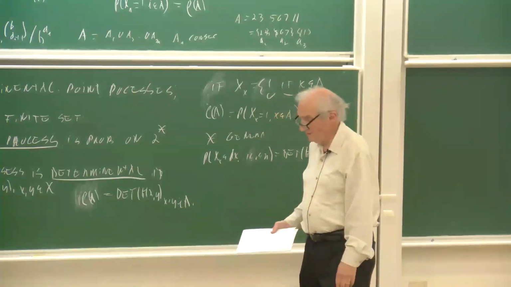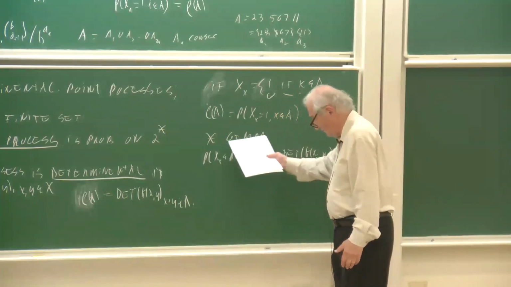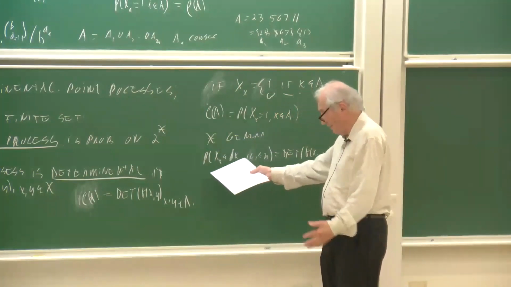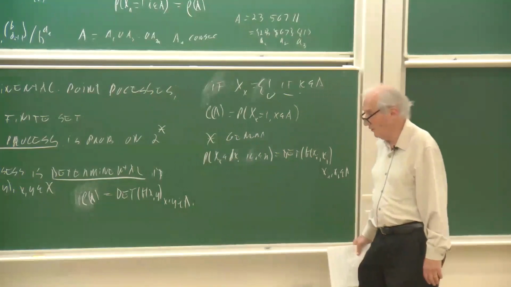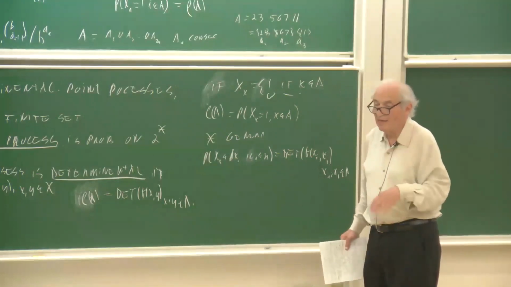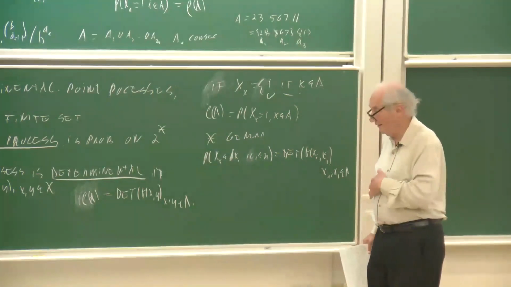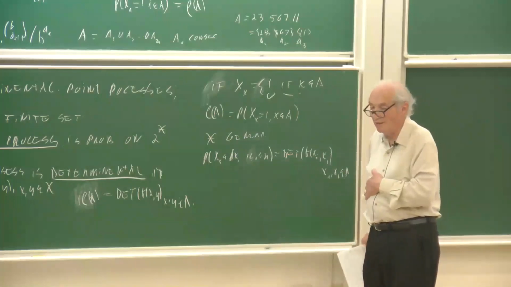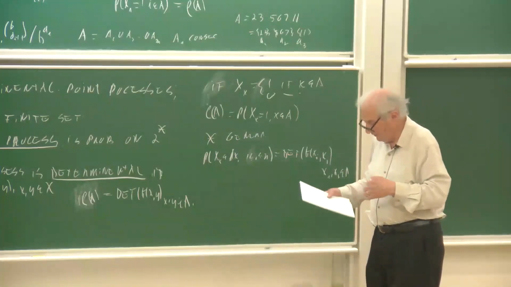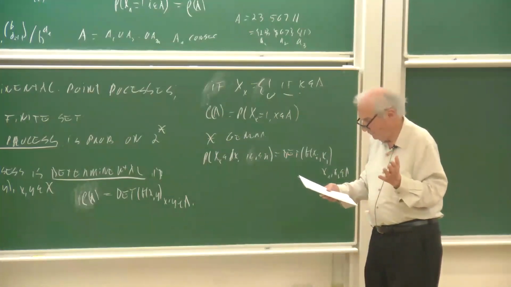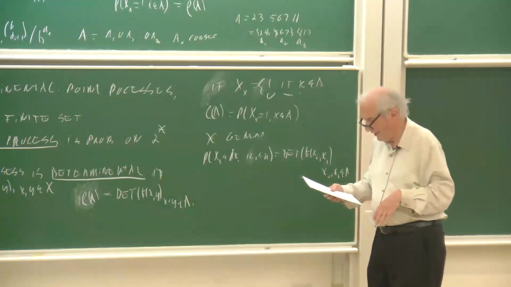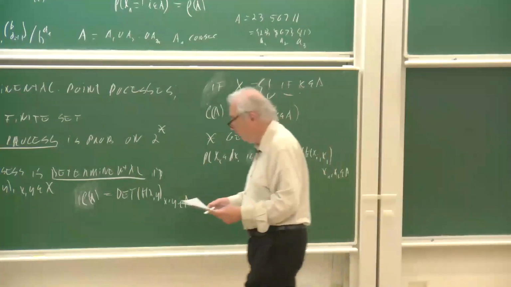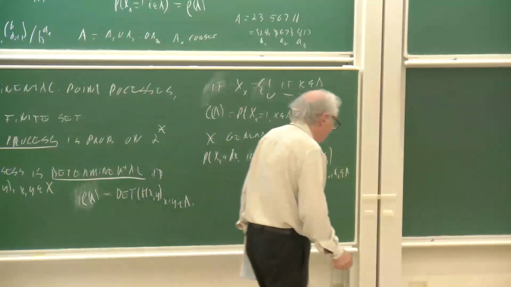And the point process is determinantal if its k-point correlations are given by the determinant of a kernel. So examples, I hope, will help, and if not, we'll go back, and I hope everybody's reasonably comfortable with the finite case. So before going on, let me tell you some examples.